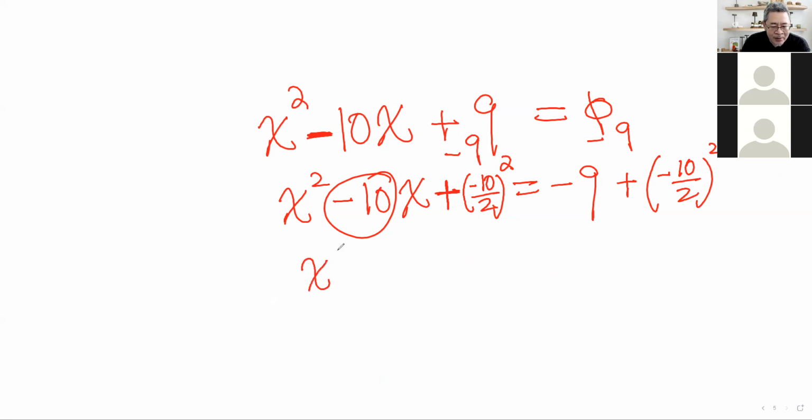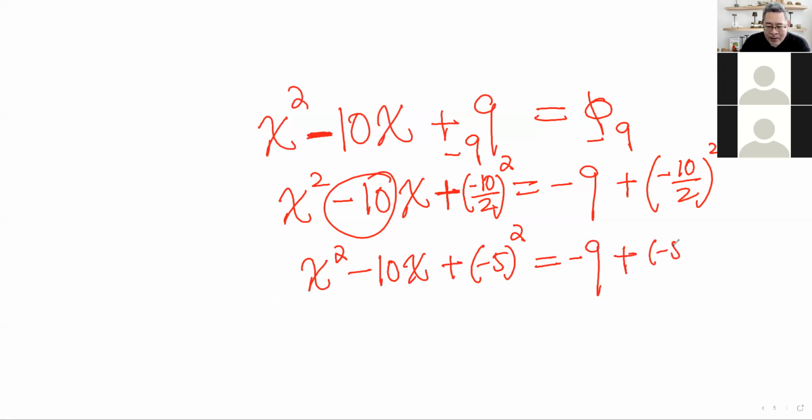So this number will be x plus negative 5, squared, right? And on the other side, we have negative 9 plus negative 5 squared, which is positive 25, and that gives us 16. This side we know is x minus 5 squared.